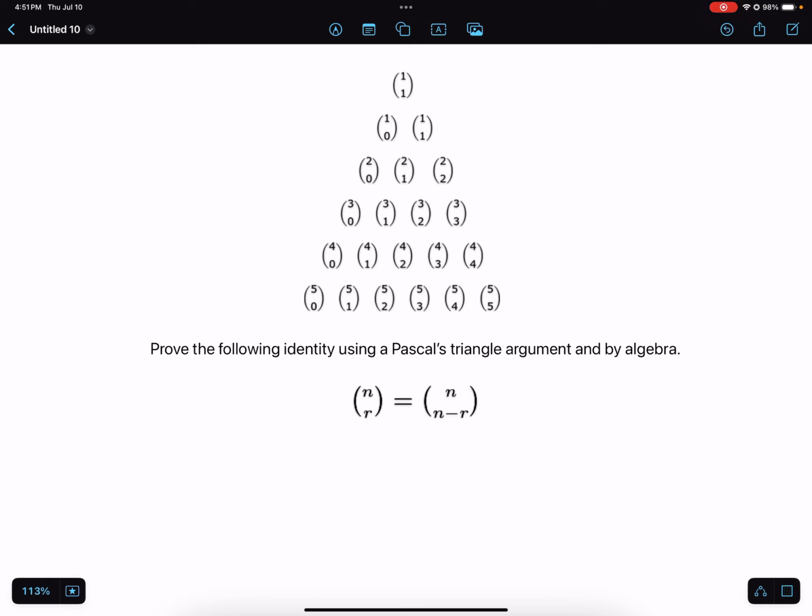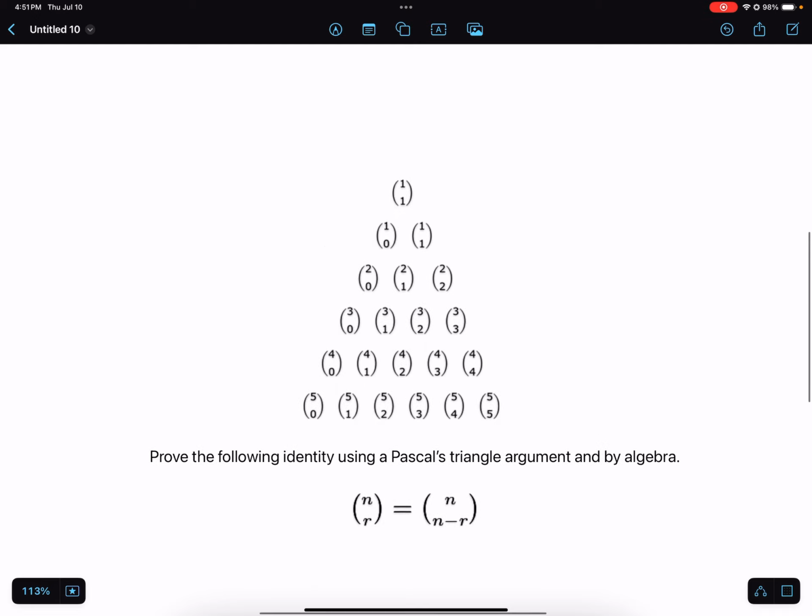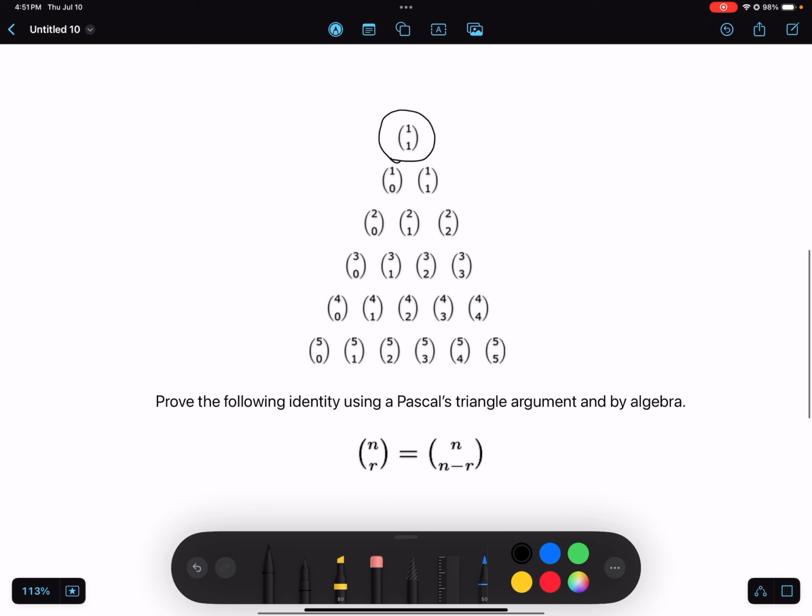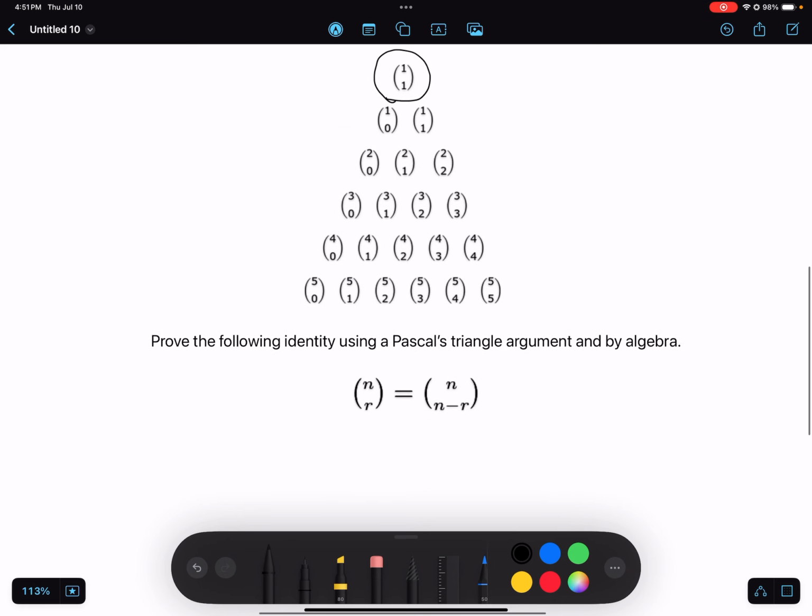Each entry is a combination, an n choose r number. And it just so happens that the value of each entry is the same as the number of paths from the very topmost entry to that entry. So we're going to use that fact to prove this identity.